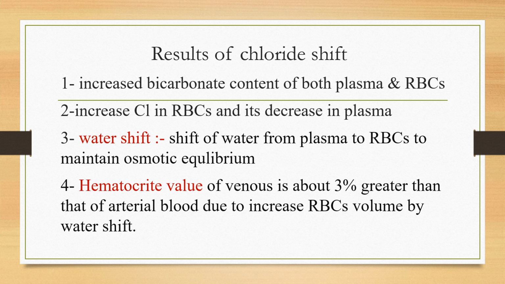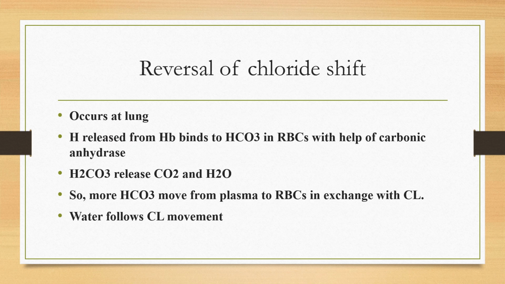This volume is called the hematocrit, the volume of RBCs in 100 ml of blood, which will be 3% greater in venous blood than in arterial blood. The reversal of the chloride shift is the reverse.